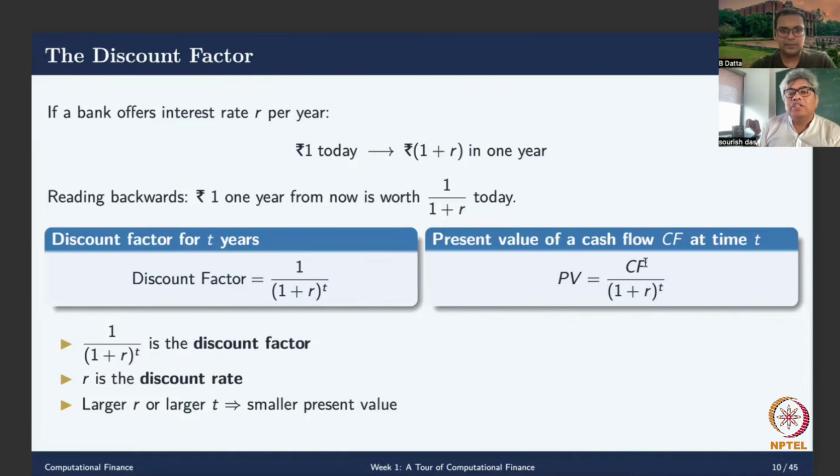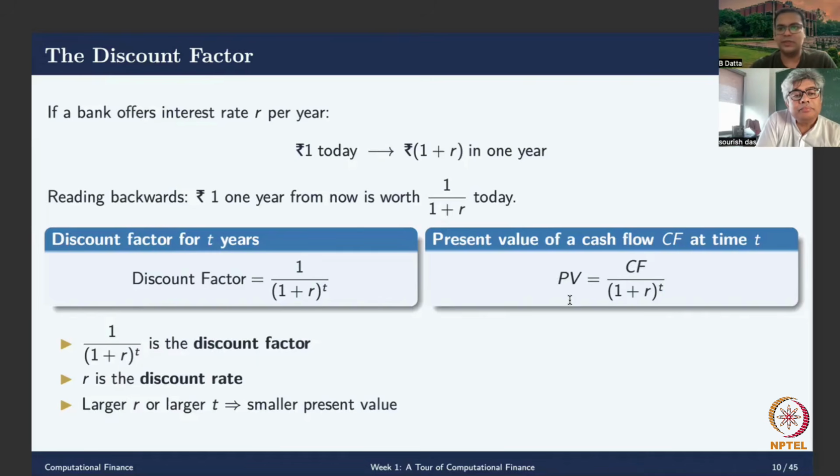That means this cash flow is not something I'm going to receive today, I'm going to receive it 1 year from today or t years from today, right? So it will be less than 3.5 rupees today. The present value will be a little less than 3.5 rupees.